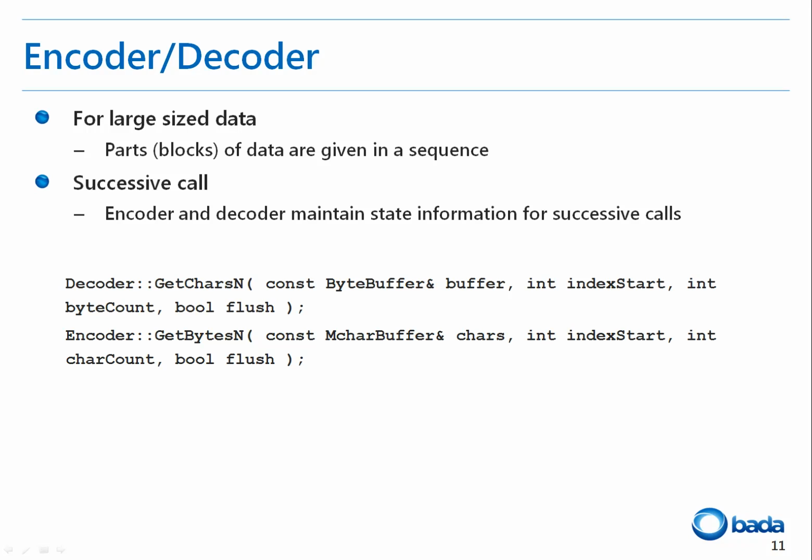This means that if you put the buffer containing the first part of the data into the encoder or decoder, then perform the conversion, put the buffer containing the next part of the data into the encoder or decoder, perform the conversion, and repeat until the last part of the data is converted, you can get the same result as if all the data was converted at the same time. You can use the functions as follows.